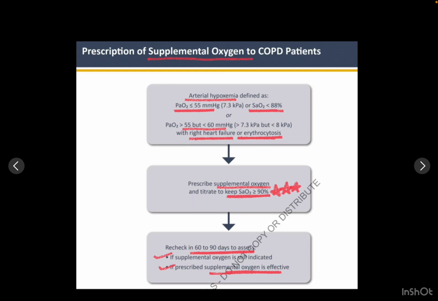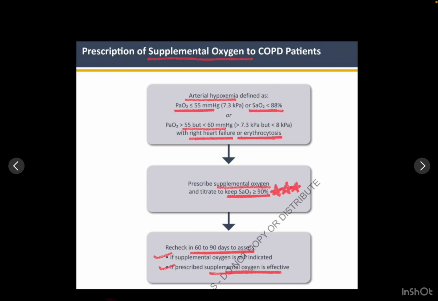After that, talking about the prescription of supplemental oxygen to COPD patients. They are saying that if arterial hypoxemia is there. What is arterial hypoxemia? PaO2 level less than 55 mmHg or 7.3 kilopascal, or saturation of oxygen less than 88%.